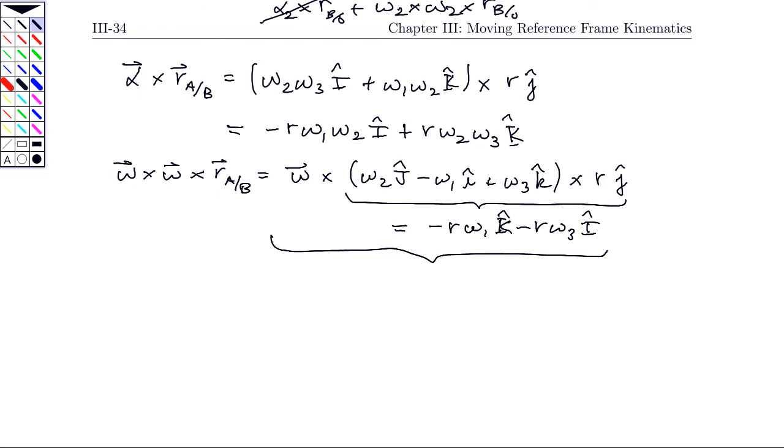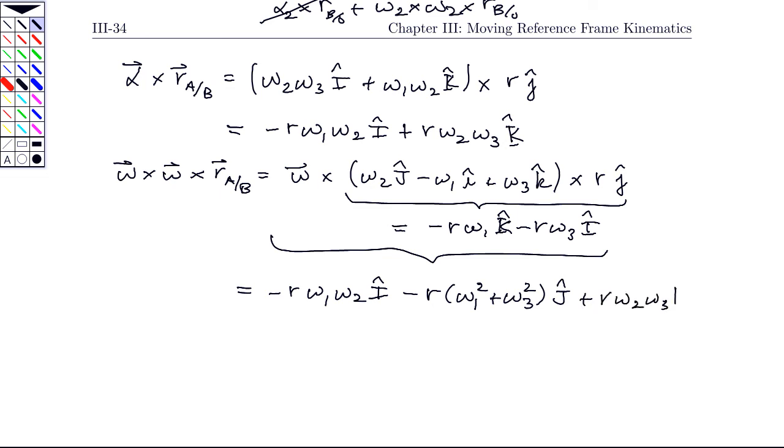That omega cross r term, when we add it all up, turns out to be minus r omega 1 omega 2 in the i, minus r omega 1 squared plus omega 3 squared in the j, plus r omega 2 omega 3 in the k. And that's our omega cross r term.